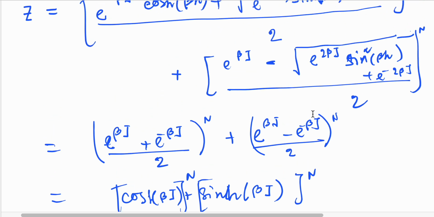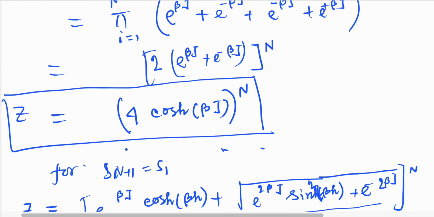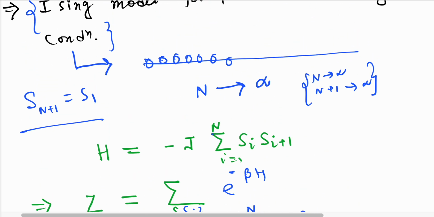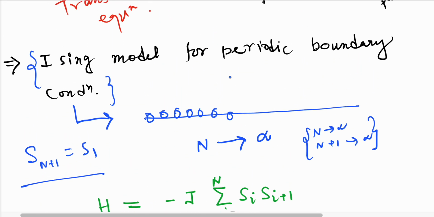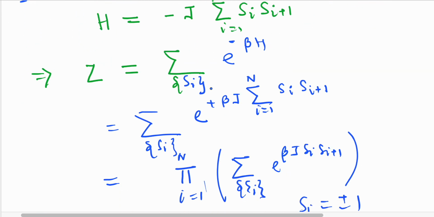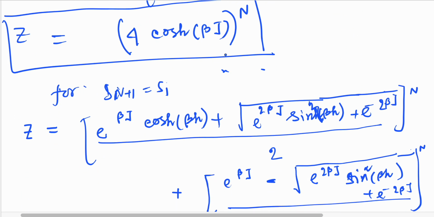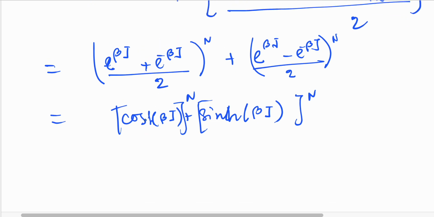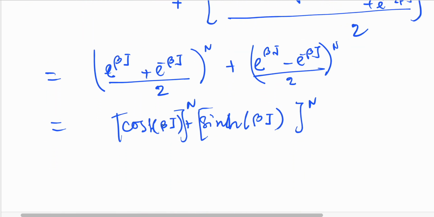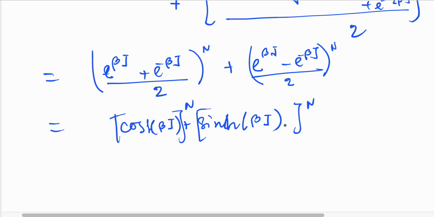Now you can see from here that these two results are not matching, because if I consider the infinite chain instead of periodic boundary condition, one is z equal to 2 cosh beta j to the power n, and another from the periodic boundary condition is cosh beta j to the power n plus sinh beta j to the power n.